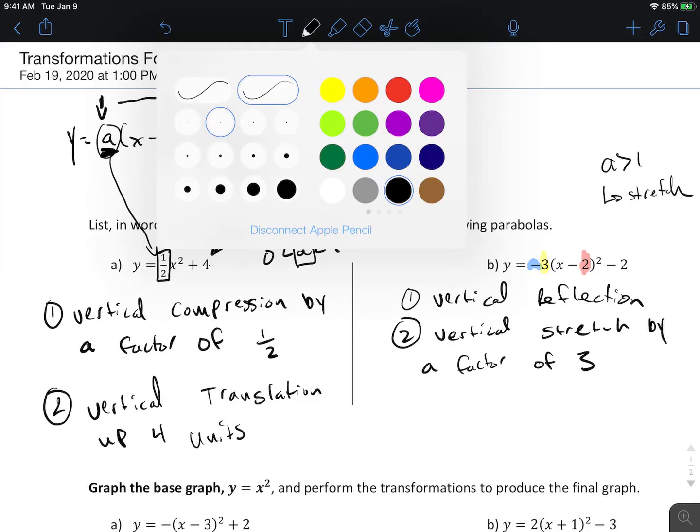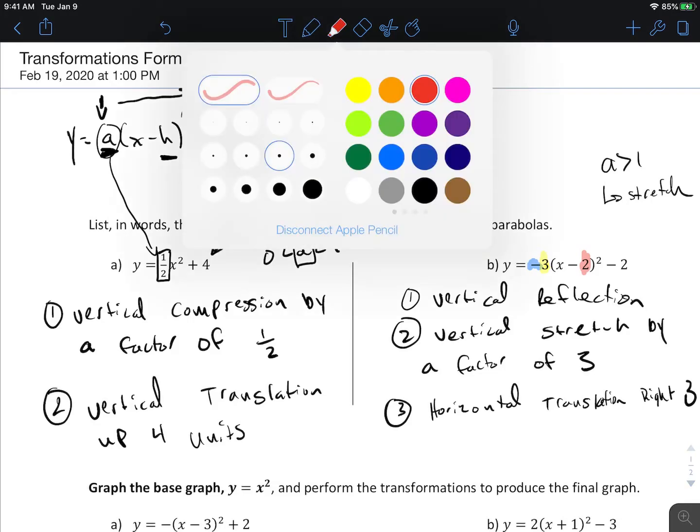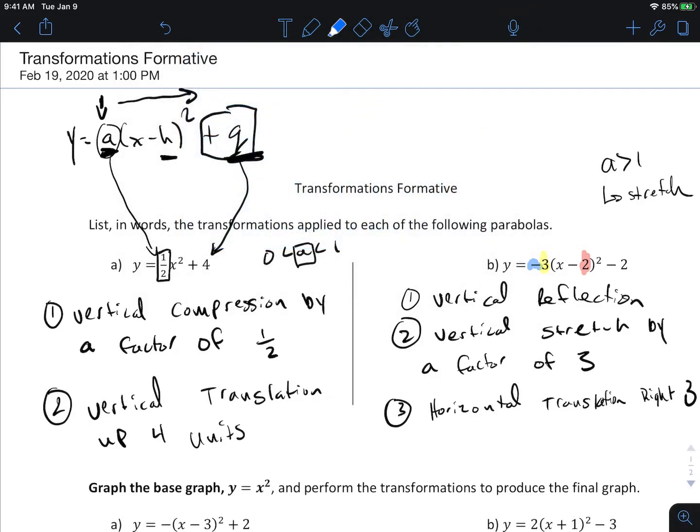And then the terminology that I'm going to use around that is going to be a horizontal translation right 3. Okay. And then the last one. This is 2. Oh, sorry. Yeah, it is 2. But am I stressing people out? Yes. Good. Okay. It's right 2.